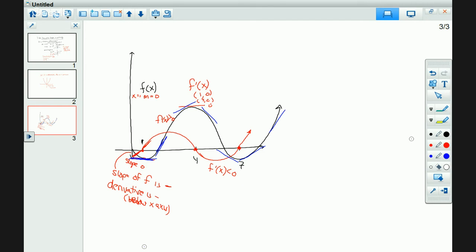Okay, so the slope of this one might be -2, right? I don't know what it is, but it might be -2, so I'm going to put a point at -2. And here, this might be -2 again. I don't know, but I'm going to put a point at -2. The 0 is the easiest place to start, because we know that's 0, right?